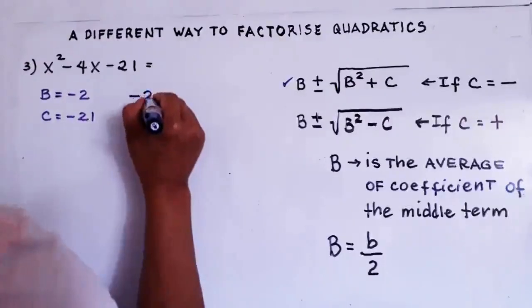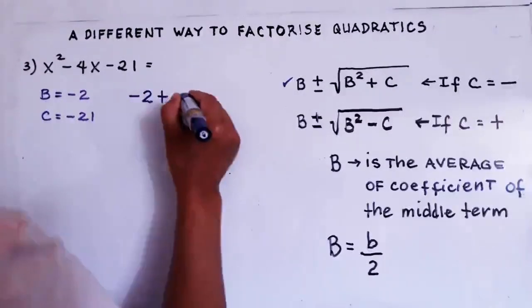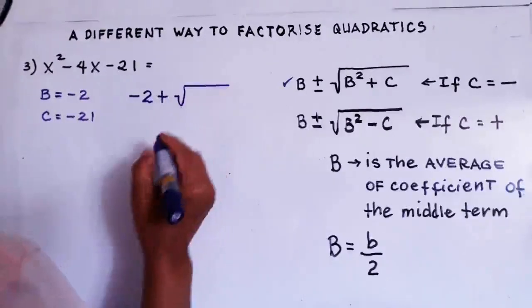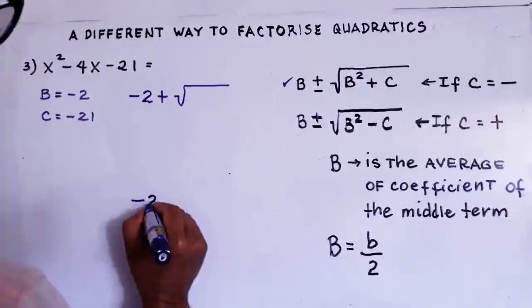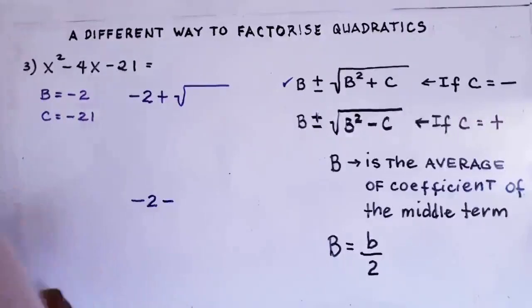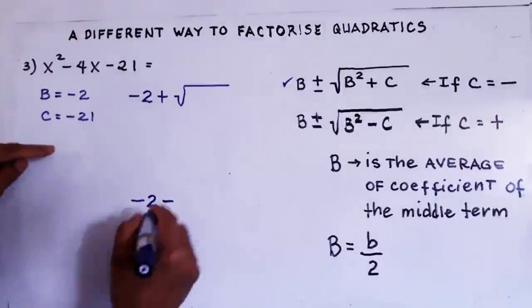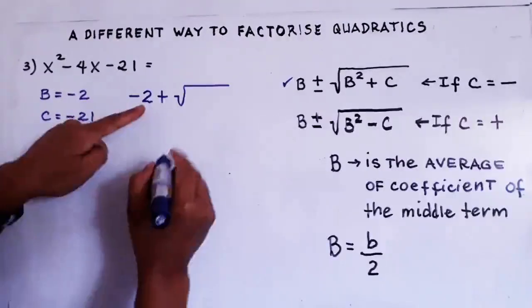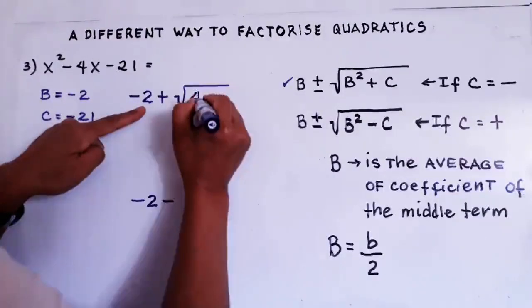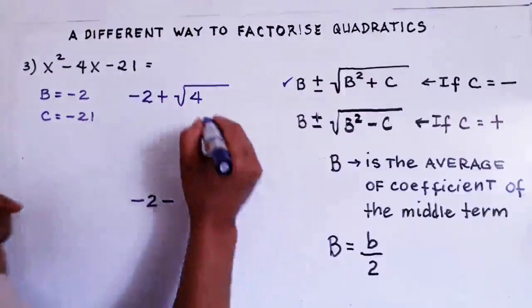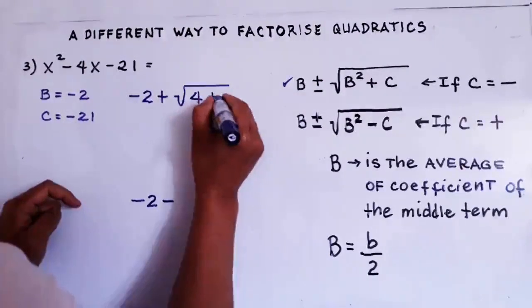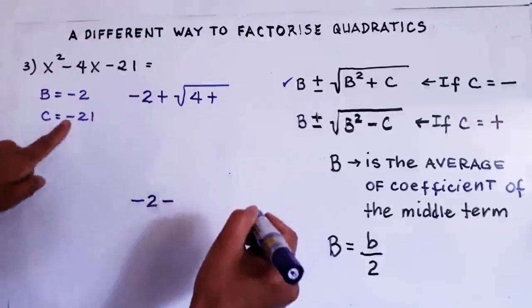Negative 2 plus, and then the square root here. And then I'm going to put here the negative 2, but this time, this one is minus here. So we square this one, 2 times 2 is 4. Now, because we are using this formula, this one is plus, and we just write the 21.